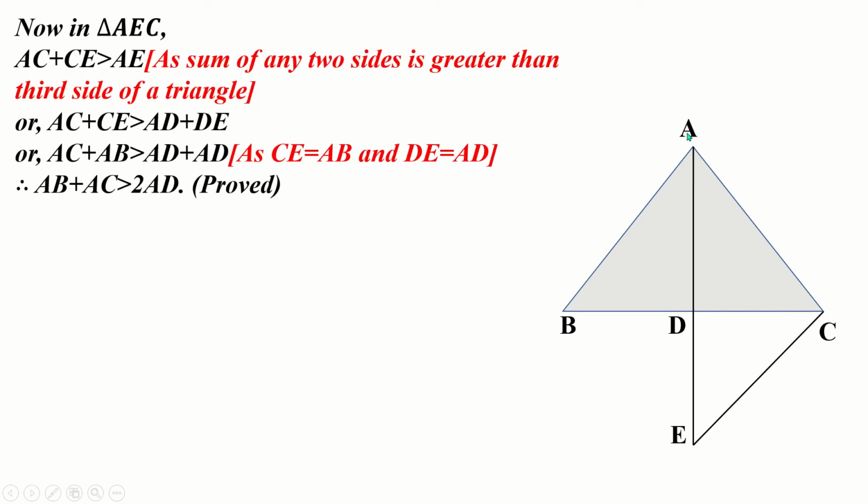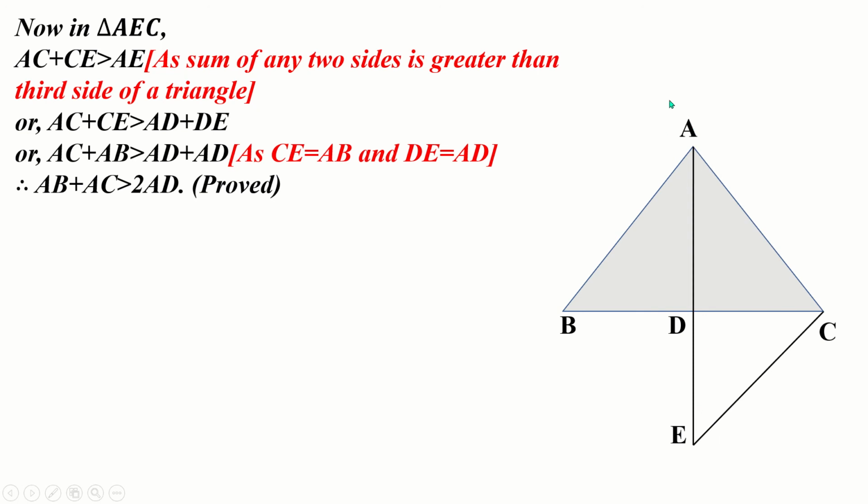Now in triangle AEC, AC plus CE is greater than AE, because the sum of any two sides of a triangle is greater than the third side.